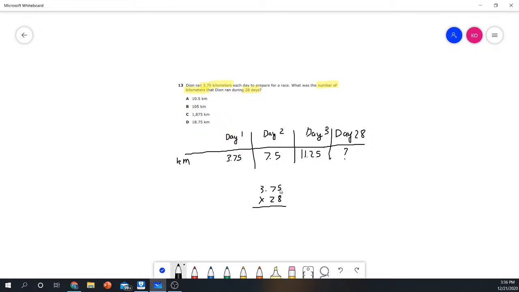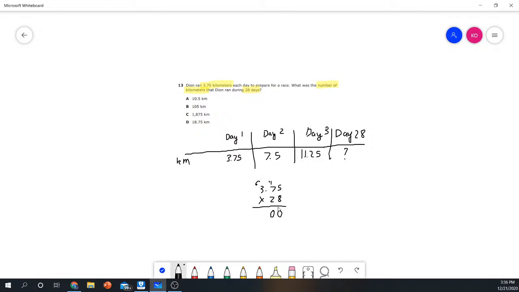So with that being said, 5 times 8 is 40, so 0 here, carry forward the 4. 7 times 8 is 56, plus 4 is 60, so 0, carry forward the 6.